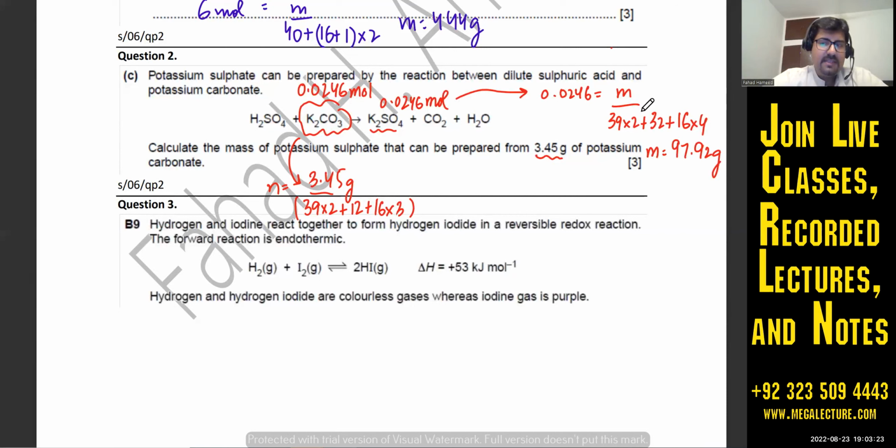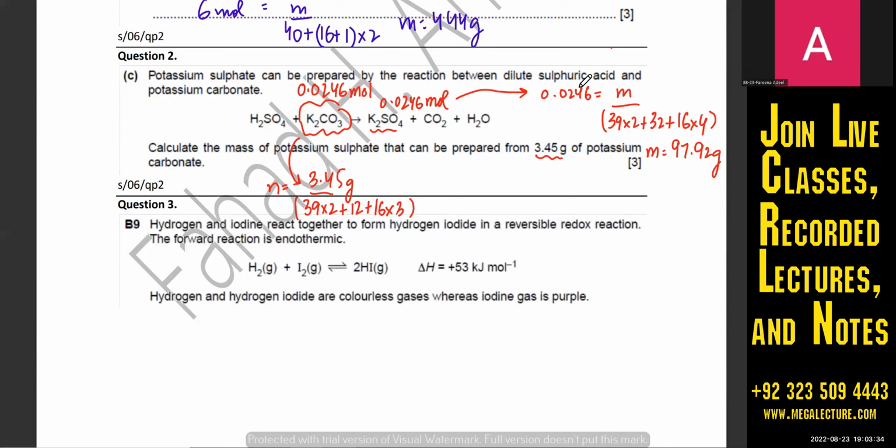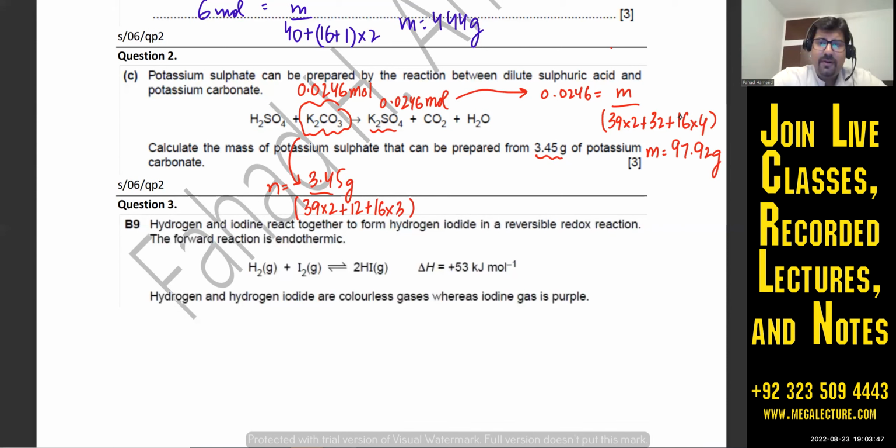This is 174, right? This thing is 174, but this is 0.0246 moles, right? When you multiply 174 by 0.0246, you get 4.28. So you're going to get 4.28 grams.